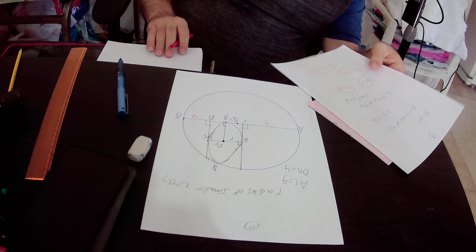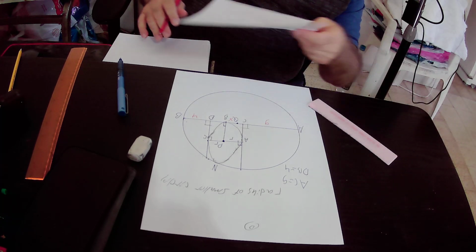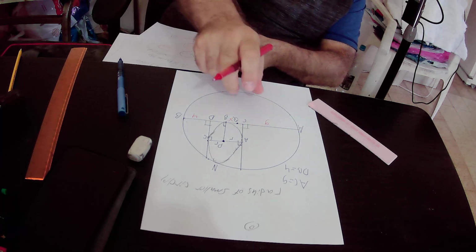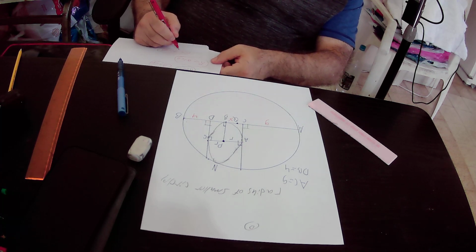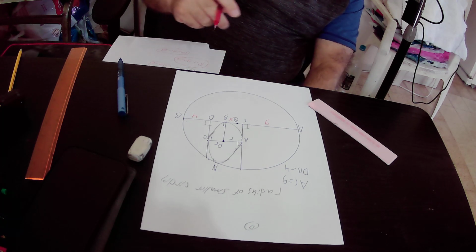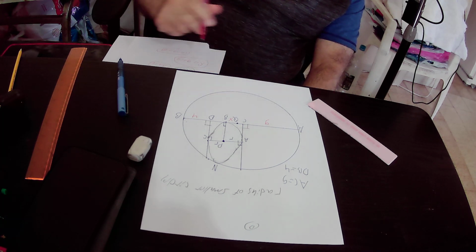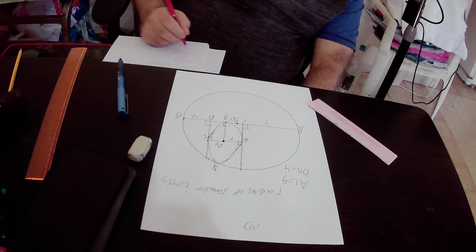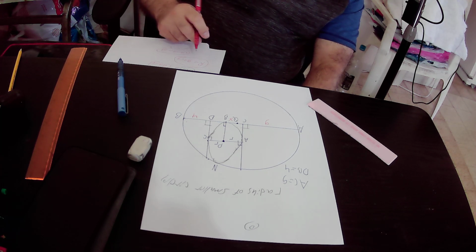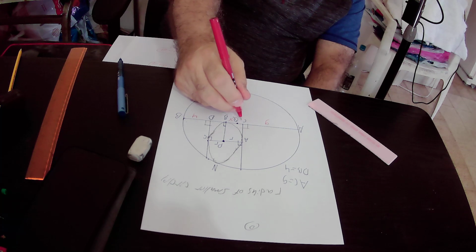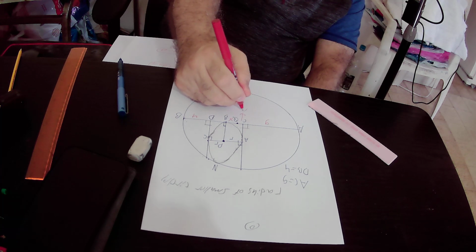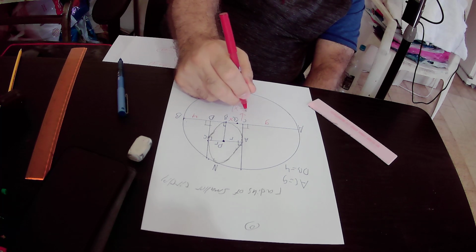And we know that BC equals r, and we defined QB as x. So actually CQ equals r minus x.